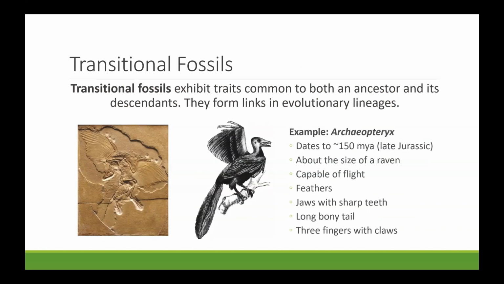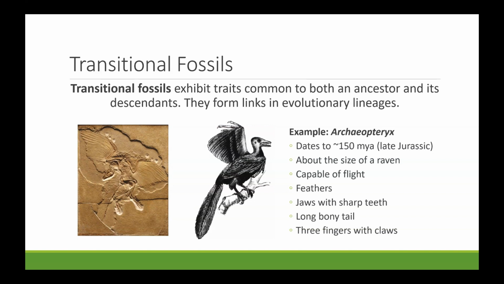Archaeopteryx is a transitional fossil that dates to the late Jurassic period, about 150 million years ago. And Archaeopteryx had a lot in common with both ancient dinosaurs and modern birds. Archaeopteryx was about the size of a raven, and as you can see from the photo of the fossil on the left, it had wings and is presumed to have been capable of flying.